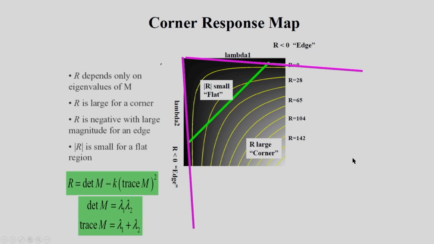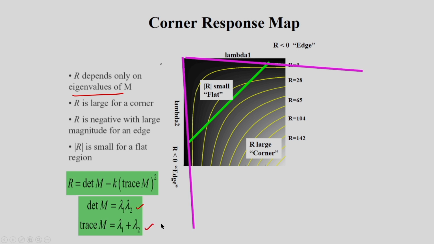R depends on the eigenvalues of M, because we have to determine the determinant of M, that is lambda 1 into lambda 2, and also the trace of M, that is lambda 1 plus lambda 2.